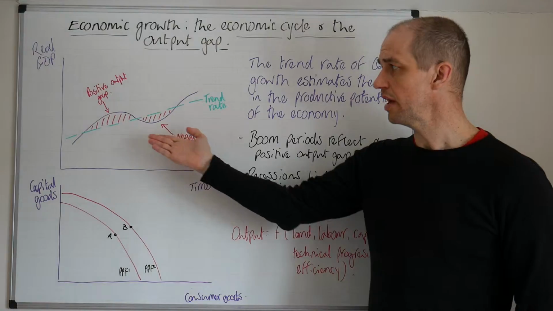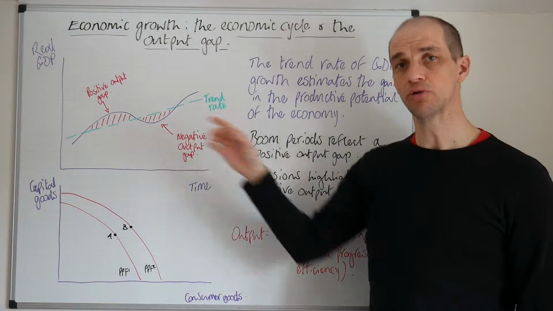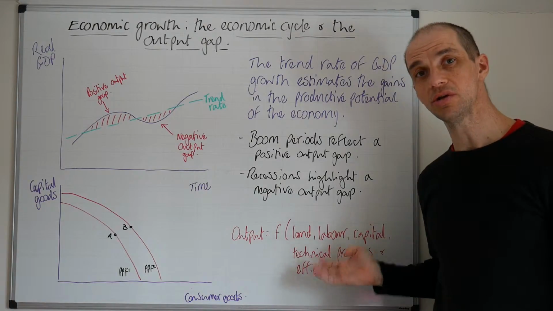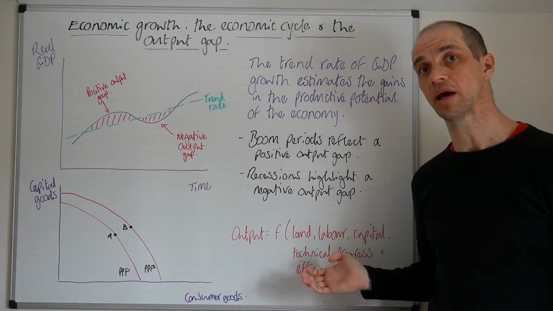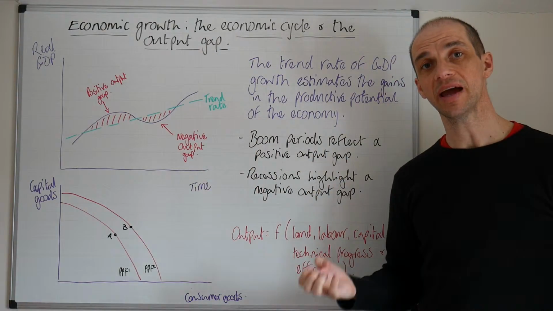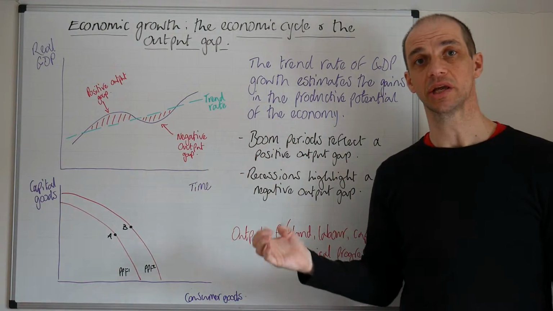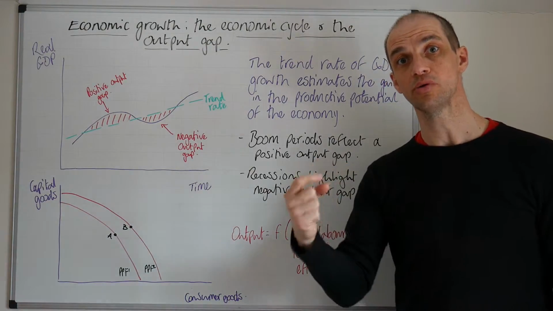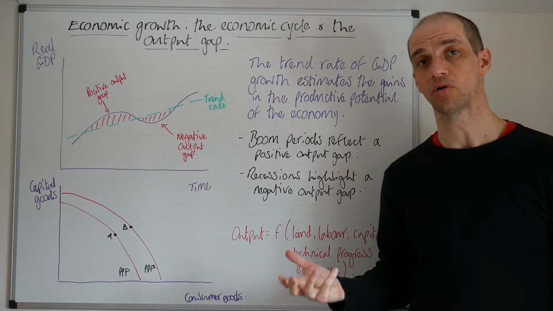So if we have a below trend rate, we're likely to see underutilised resources, and therefore there would be a negative output gap. That is just suggesting that the actual level of growth in the economy is below the potential level for the economy.